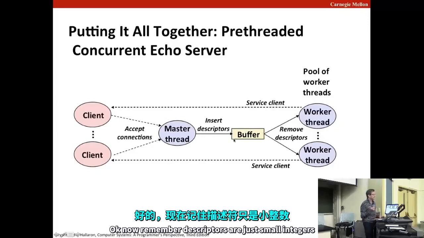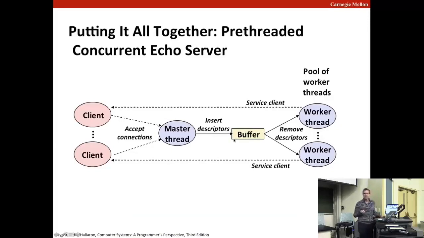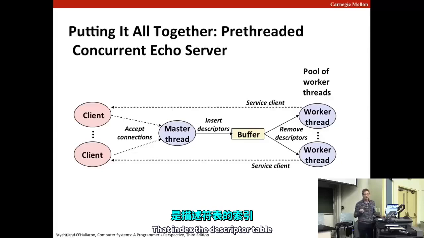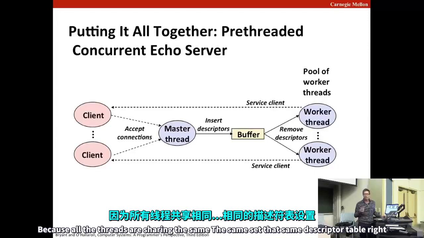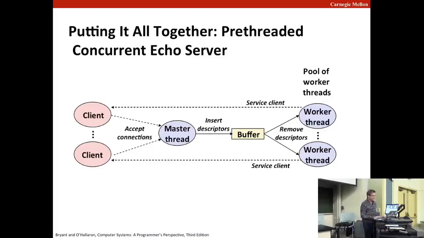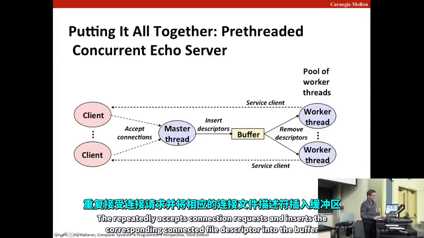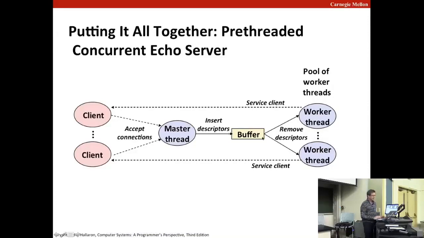Remember, descriptors are just small integers that index the descriptor table, so they can be passed around from thread to thread because all the threads share the same descriptor table. So the master thread repeatedly accepts connection requests and inserts the corresponding connected file descriptor into the buffer.